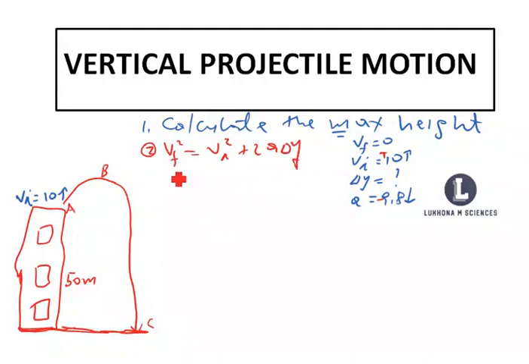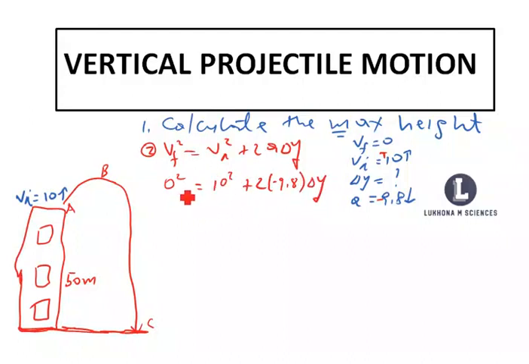Then the final velocity here is 0. We have 0 squared, which is equal to, the initial velocity is 10, so 10 squared plus 2 times negative 9.8 delta y.